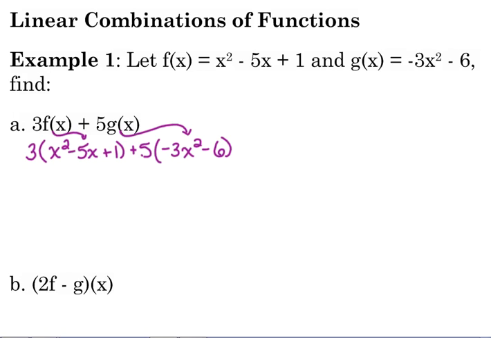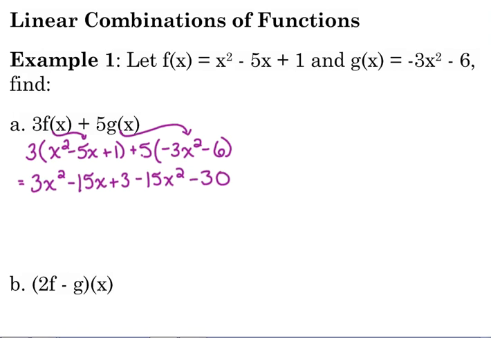We're just going to distribute and combine like terms. So we distribute the 3 to that first set of parentheses, 3x squared minus 15x plus 3. Distribute the 5, negative 15x squared minus 30.